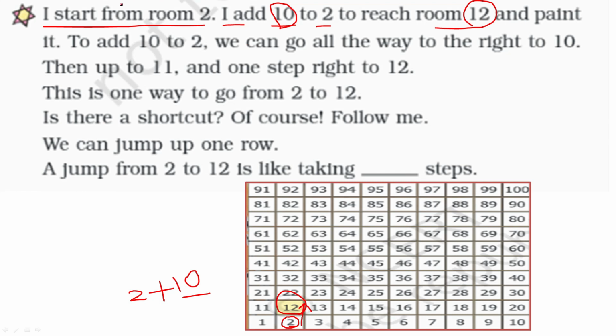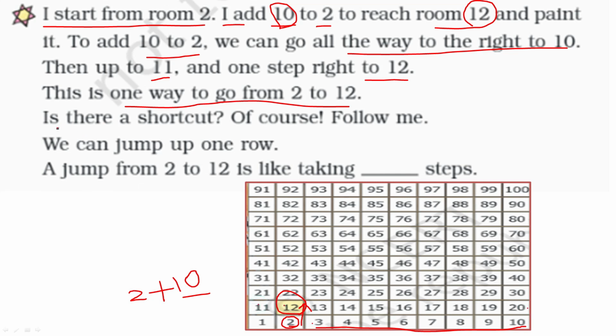So to add 10 to 2, we can go all the way to the right to 10, then up to 11 and 1 step right to 12. This is one way to go from 10 to 12. 10 to 12, how to go? One way, like this: 1, 2, 3, 4, 5, right up to 10, then 1 step up, then 11, 12. Like that you can go.